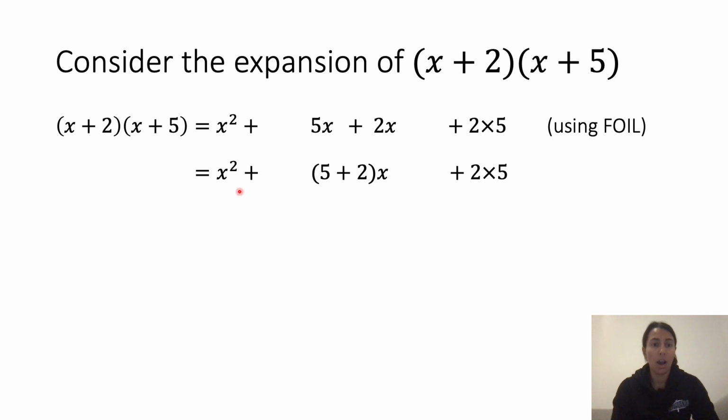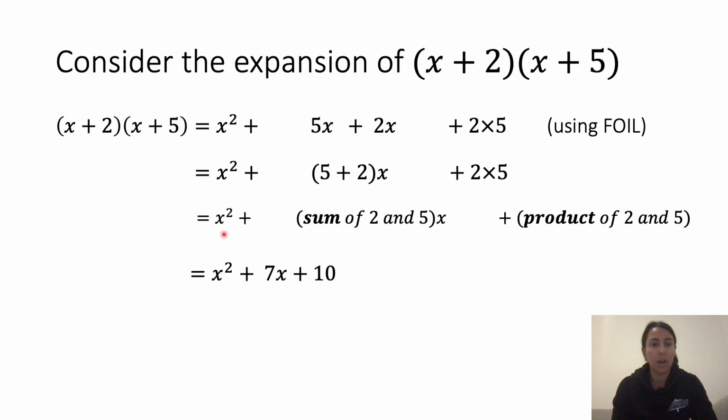Then I would have my x squared still. The 5x and the 2x are like terms, so we would add them together. And then I've still got my 2 times 5. Now I have left it as 2 times 5 for a reason, but obviously that would make 10.